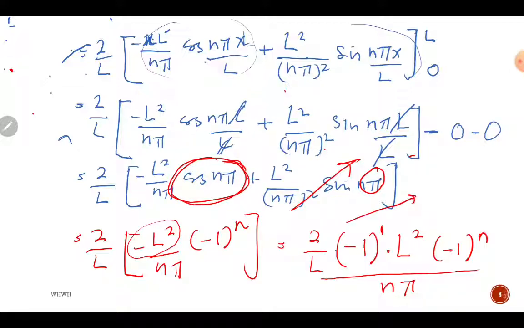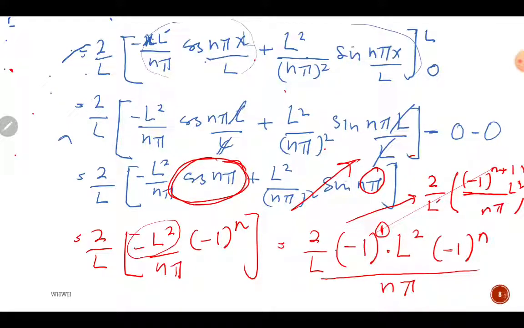So, jadinya dia simplified je. Dia jadi negatif 2 over L. Negatif 1 ni jadikan kuasa apa? Because it's the same base, negatif 1, kita boleh simplify. Jadi, kuasa n tambah 1 L square over n pi.